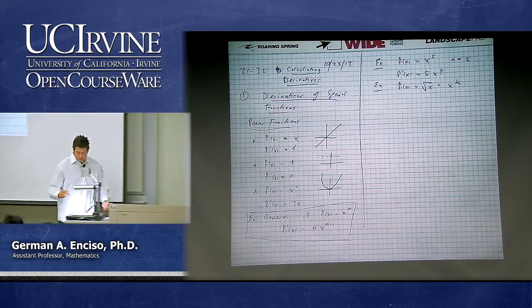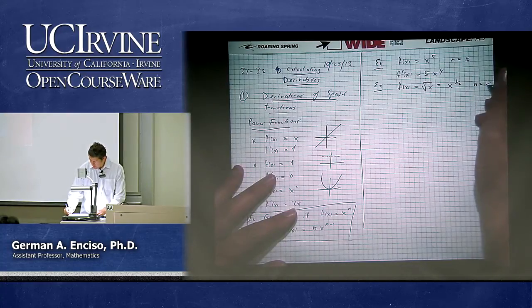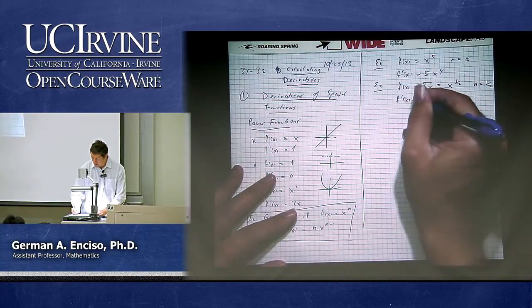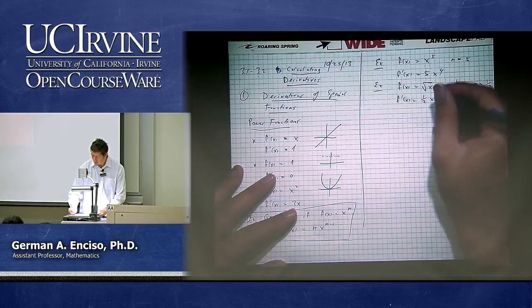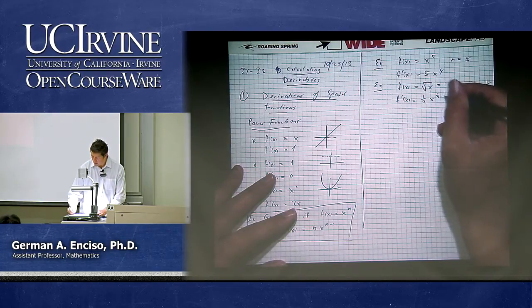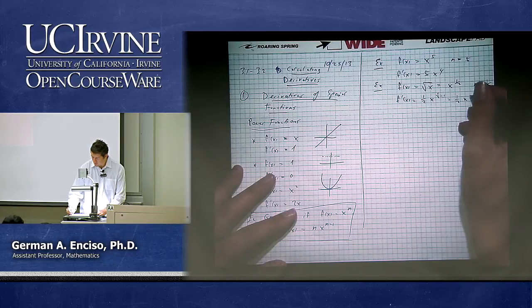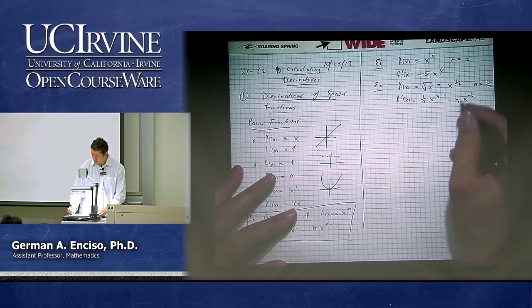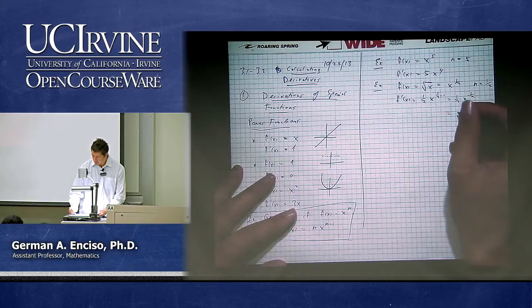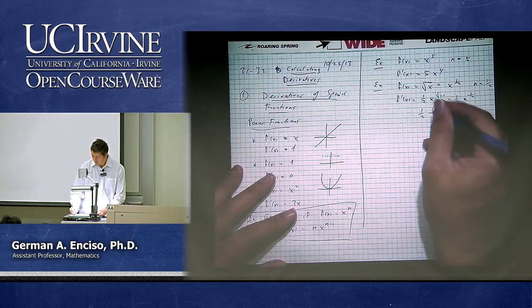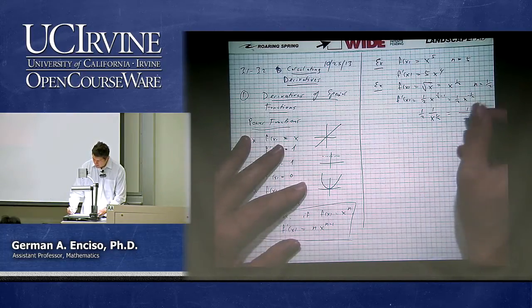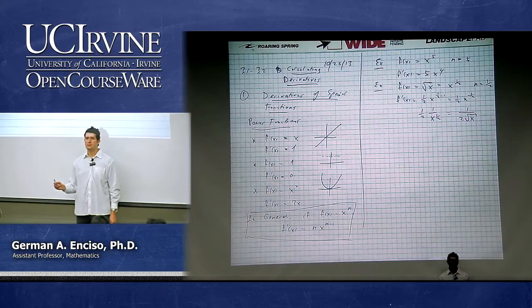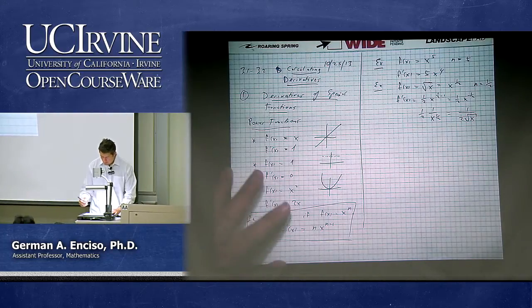So that means that n is equal to 1/2, and that means that f prime of x is equal to 1/2 x to the 1/2 minus 1, which is 1/2 x to the minus 1/2. What is 1/2 x to the minus 1/2? That is 1/2, 1 over x to the 1/2, right? And this can be written as 1 over 2 square root of x. Okay, fantastic.